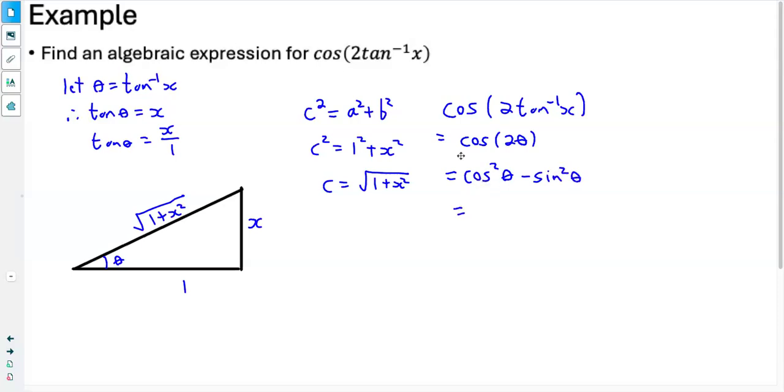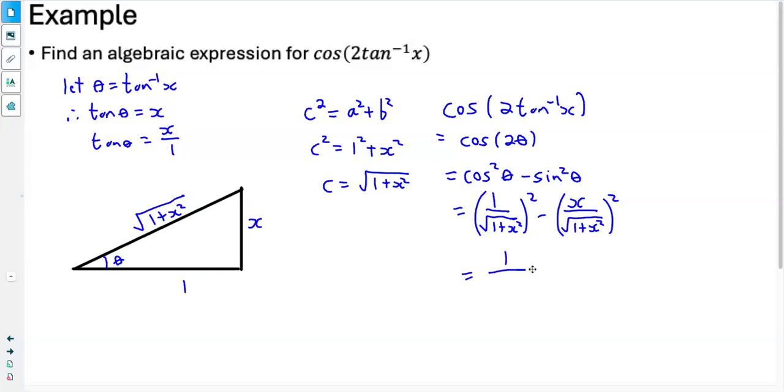Now cos is our adjacent over our hypotenuse. Now we're squaring that. Minus sine, which is our x, which is our opposite, over our hypotenuse, which is the square root of 1 plus x squared. And once again, we're squaring that.